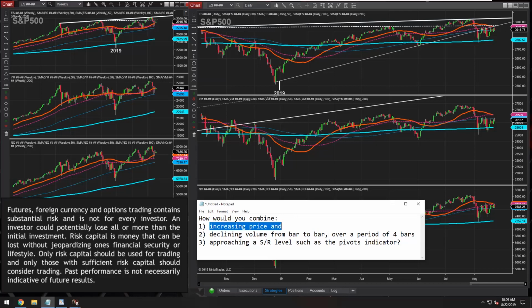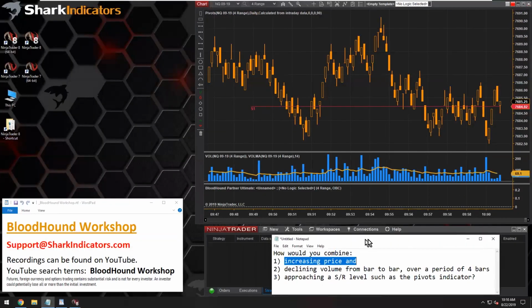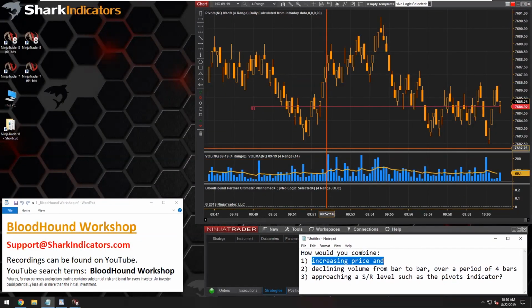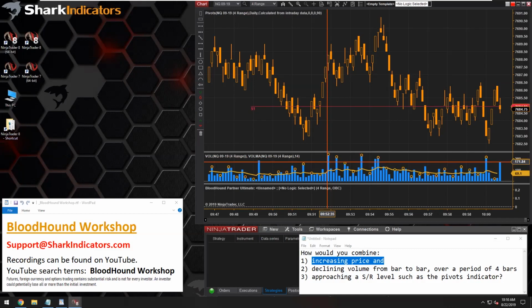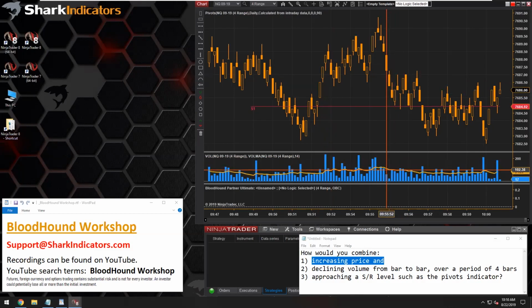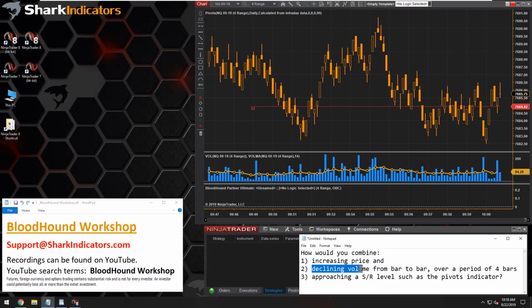All right, I already have my chart ready to go here. I have the pivots indicator on here, and the volume indicator, and I also have a volume moving average. There are a couple of ways to define what is decreasing of something.